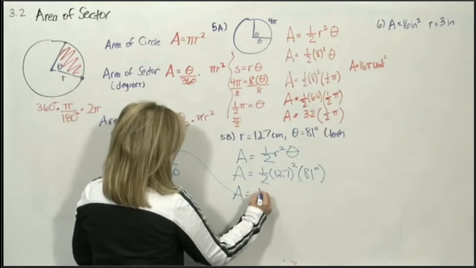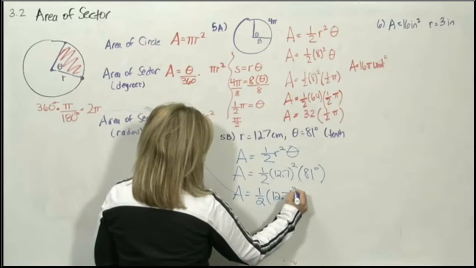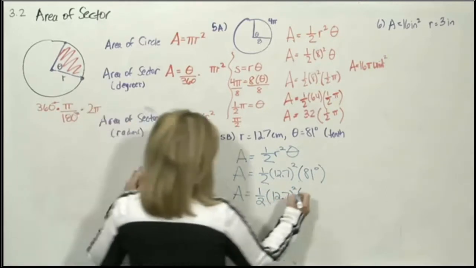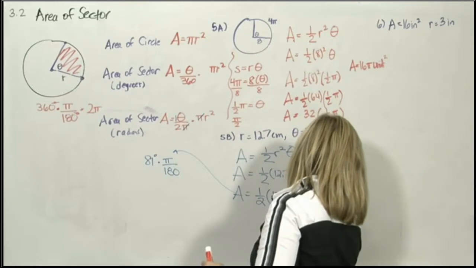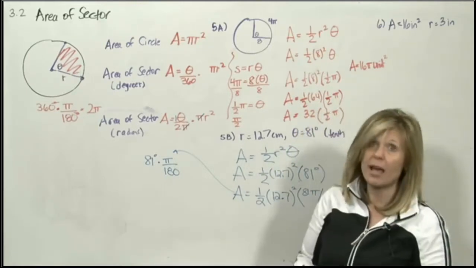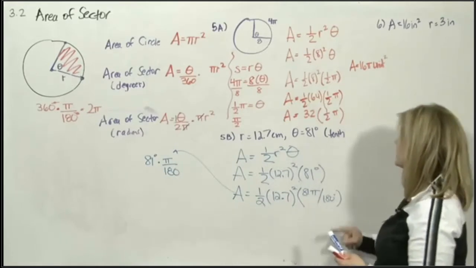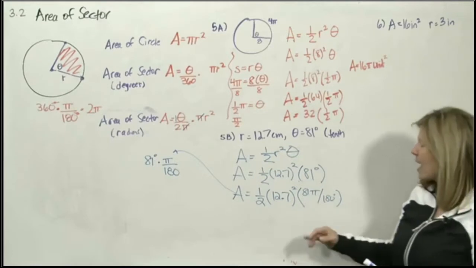So area equals 1/2 times 12 7/10 squared times 81 pi divided by 180. If you want to reduce the 81 and 180, you can, but you don't have to. We're going to type this in exactly as we see it. Now, let's learn about typing in our calculator.